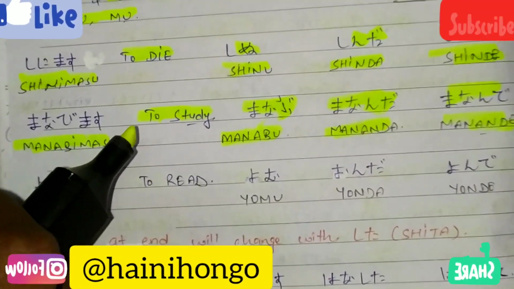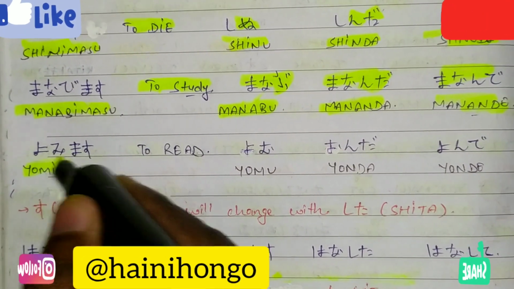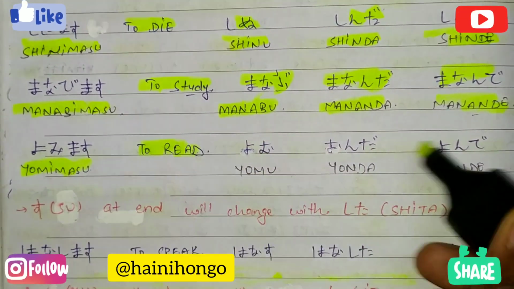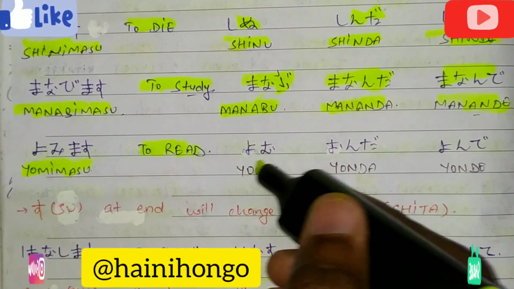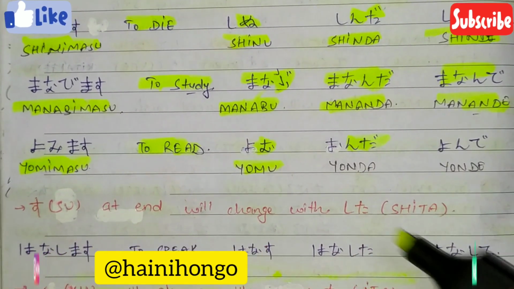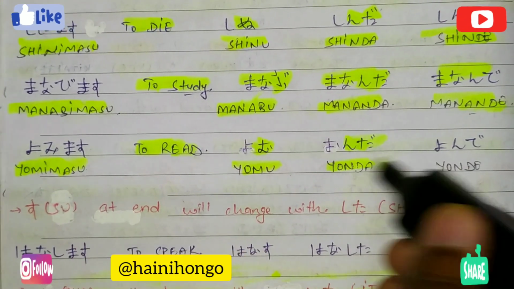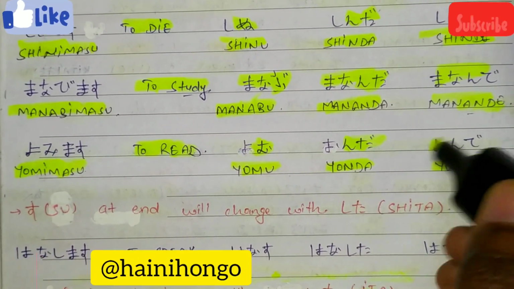And the next one is yomimasu. Yomimasu means to read. The dictionary form of yomimasu would be yomu. So this mu would be changed with nda. So the ta form of yomimasu would be yonda and the te form would be yonde.